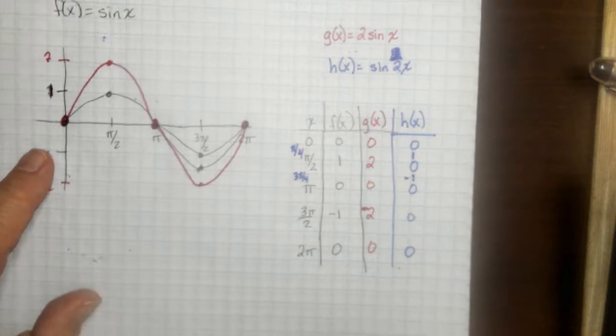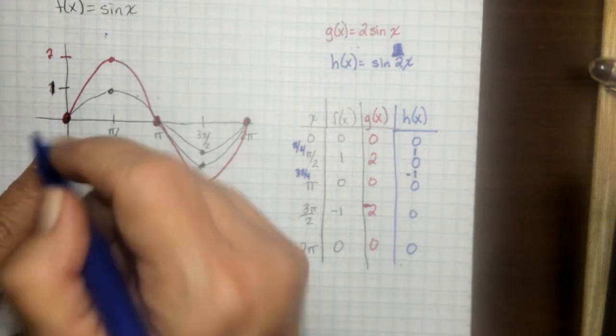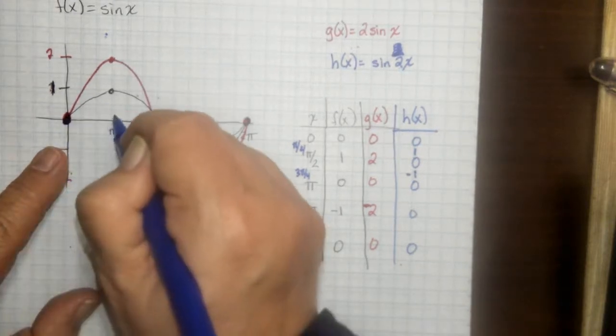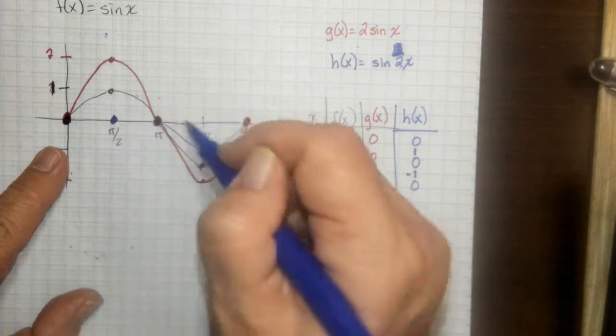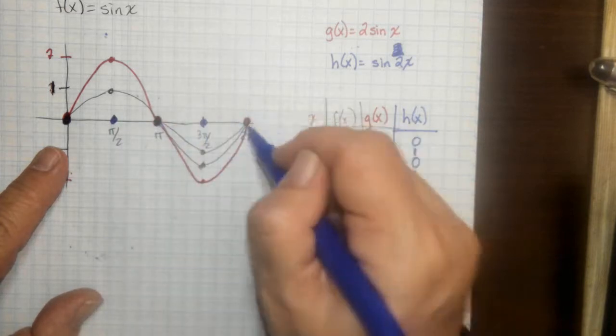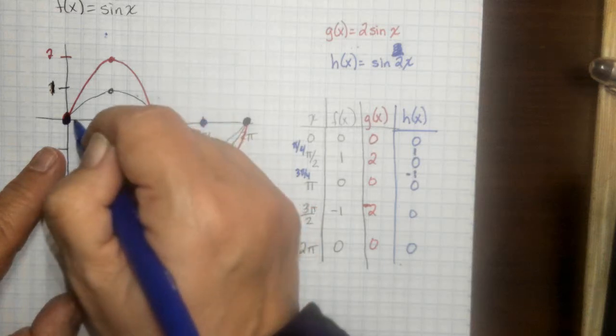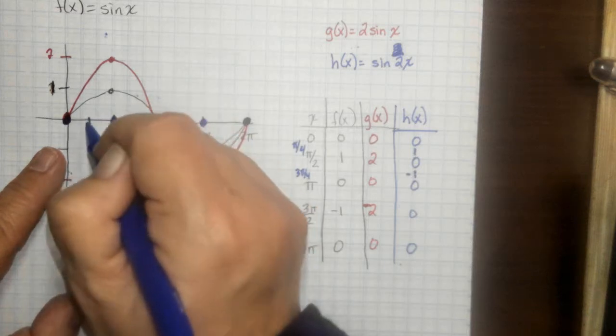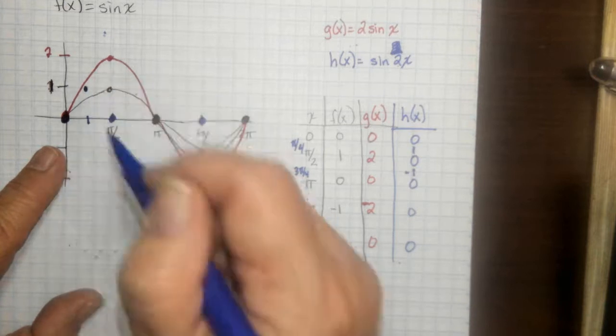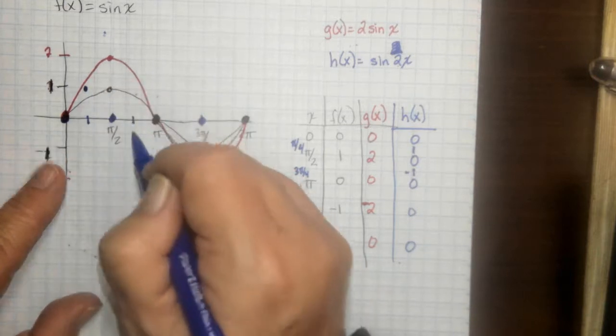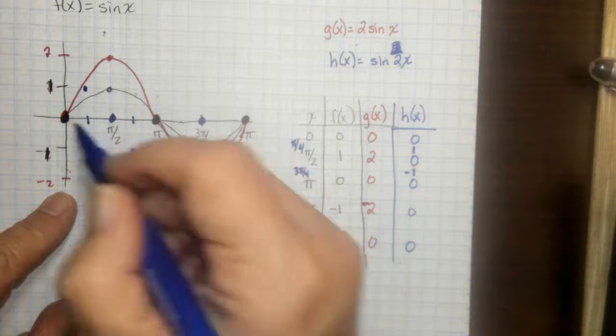So what happens now is I'm at 0 at the zeros, and here at pi over 4, I got up to 1. And here at 3 pi over 4, I got down to negative 1.